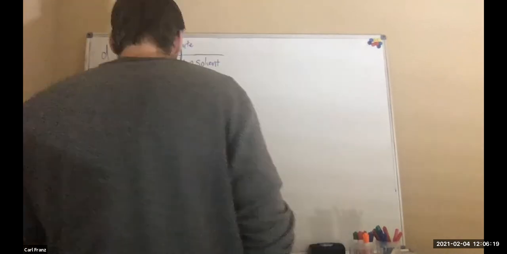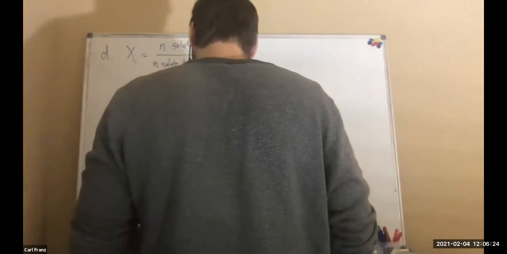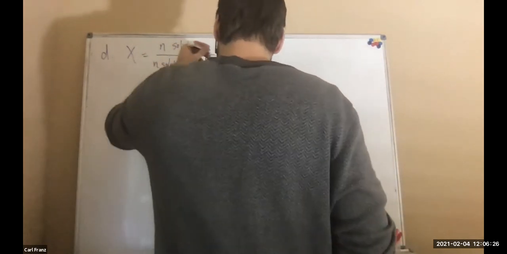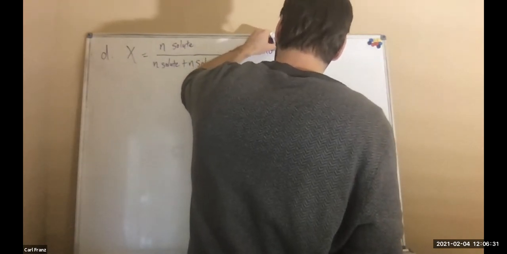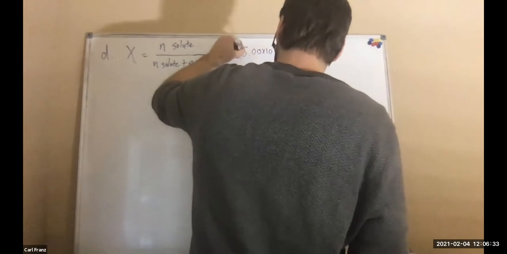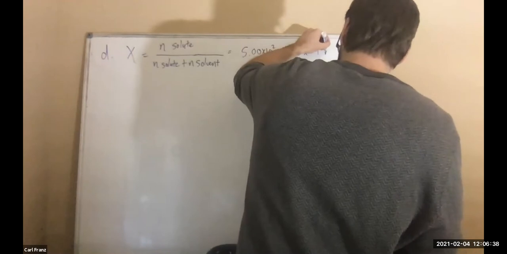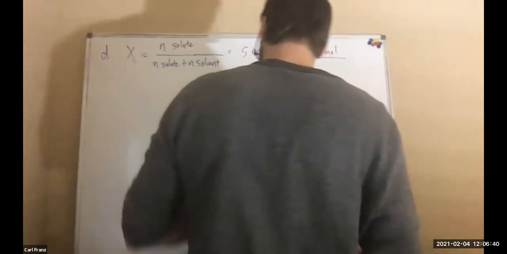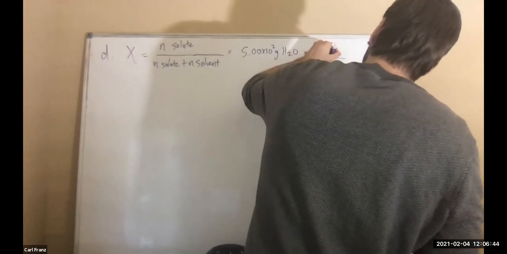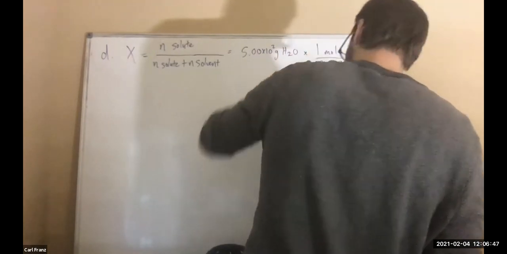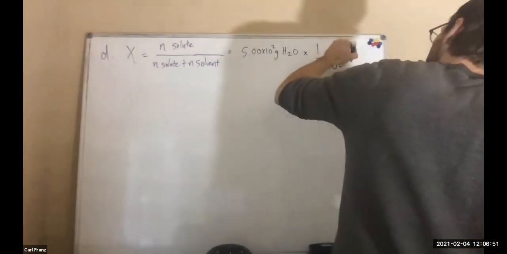So we have to get moles of our water. Again, that was 5.00 times 10 to the 2 grams of H2O. And then our conversion factor, 1 mole of H2O over the molecular weight, which is 18.02 grams of H2O if you want to be precise, or just 18 will work.